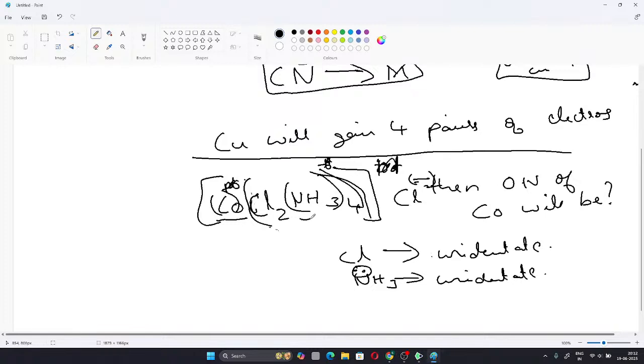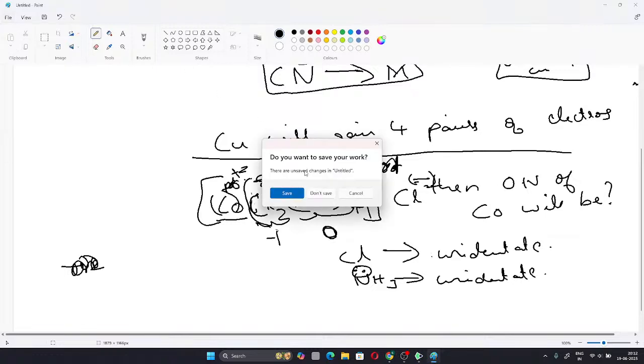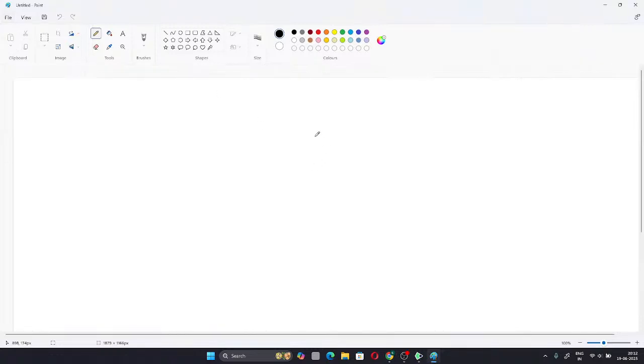The charge contributed by NH3 is 0, as NH3 is a neutral ligand, whereas Cl is -1 each, so the total here will be -2, and +2 will be the charge of cobalt. Let's continue reading.